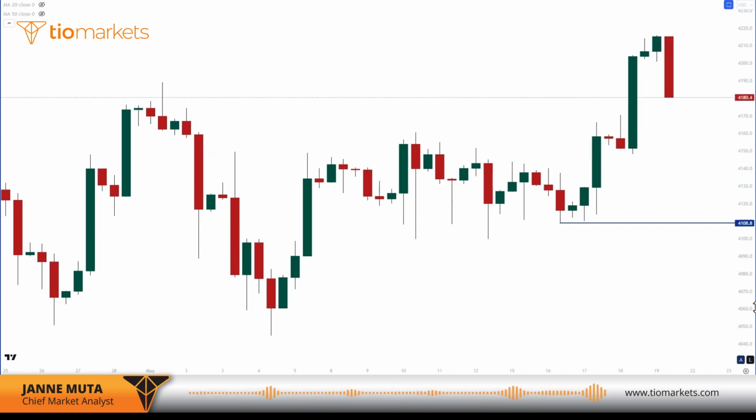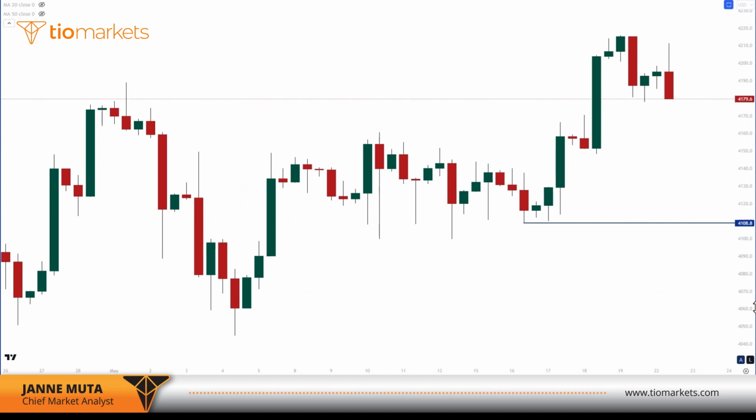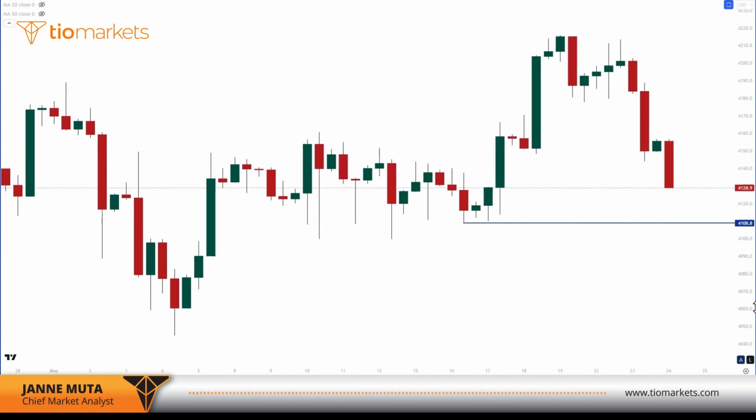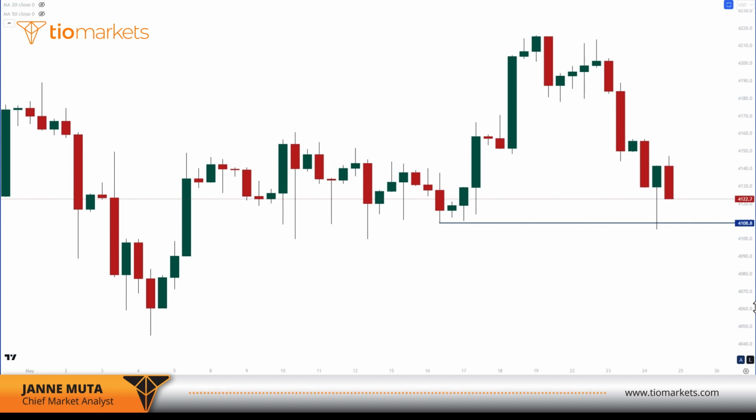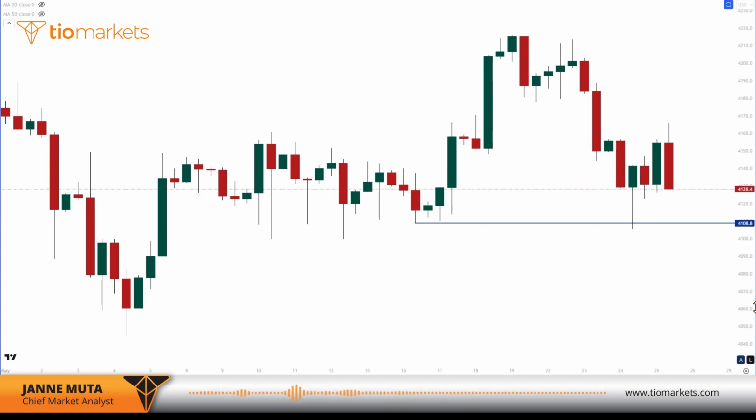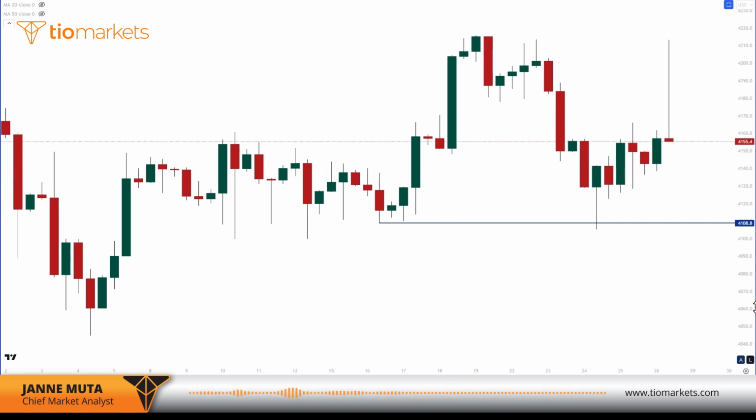The market reacts lower, hesitates a little, then moves down even more, and now it's approaching the support level. It slightly penetrates the level before bouncing higher. So this is a time where you might want to consider taking long trades with the view of the market moving higher from here.